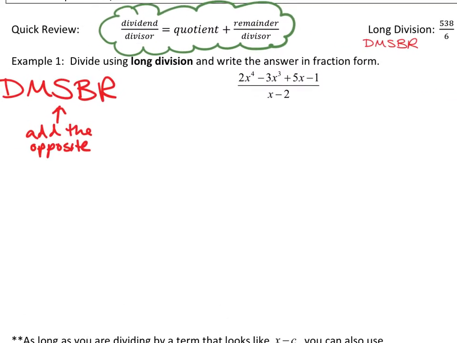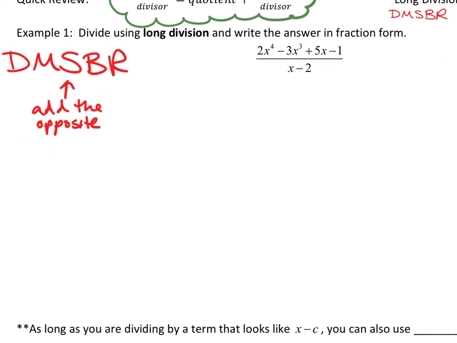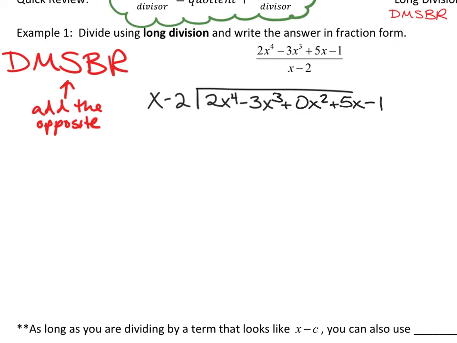We're going to set up this division problem the same way we would have set up a division problem for regular numbers, which means my divisor goes on the outside of the little division box, and your dividend goes inside. One thing we have to make sure that we do is that we leave a placeholder for all of the terms. So if you notice that we've gone from power 4 to power 3, the next one would be power 2, but we don't have any squared terms, so we're going to leave a 0x squared plus 5x minus 1.